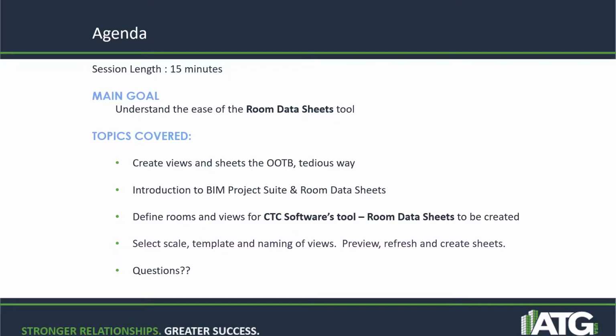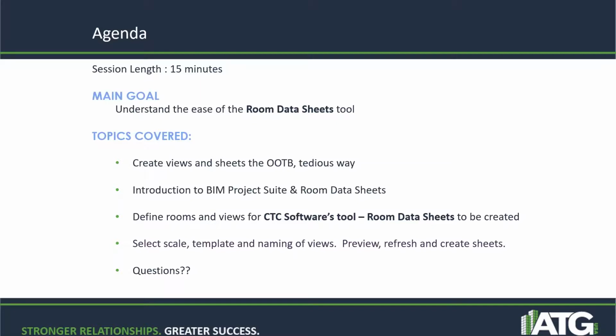And then we'll give a little bit of an introduction to the BIM Project Suite, looking at the Room Data Sheets tool. Then we'll run the tool, defining some rooms and setting up our views for that sheet.